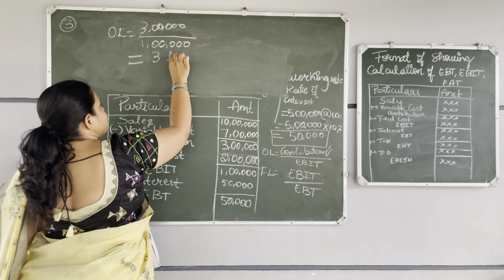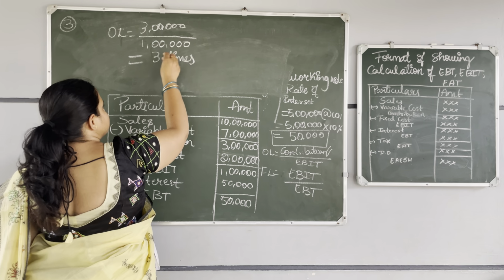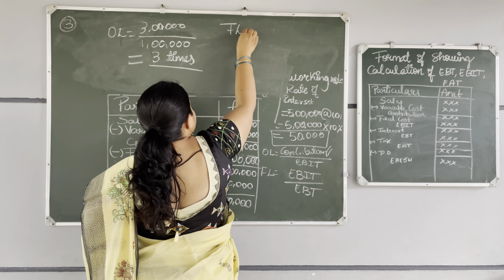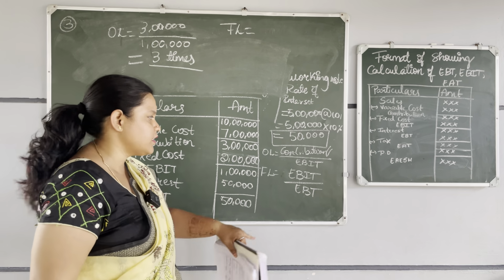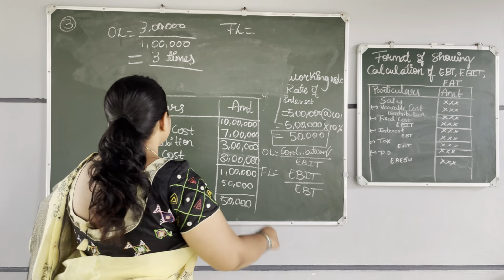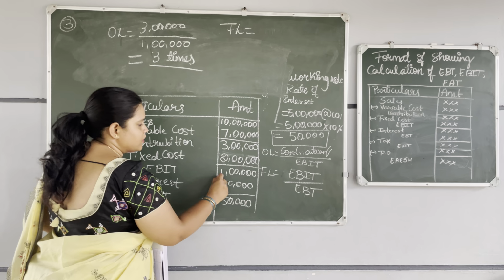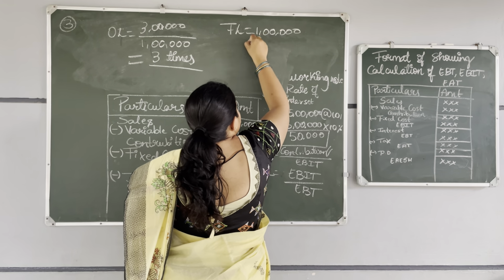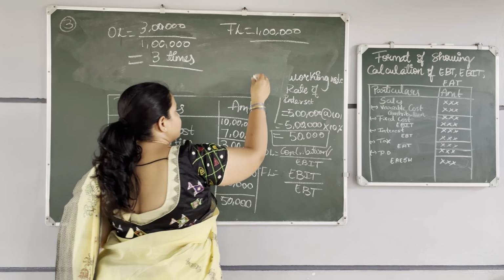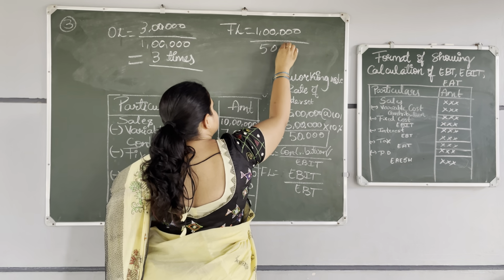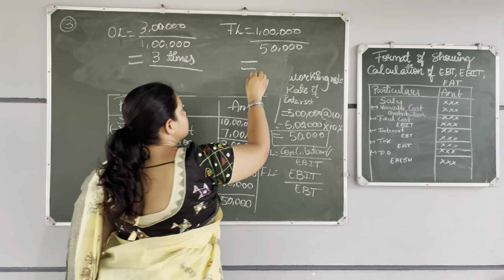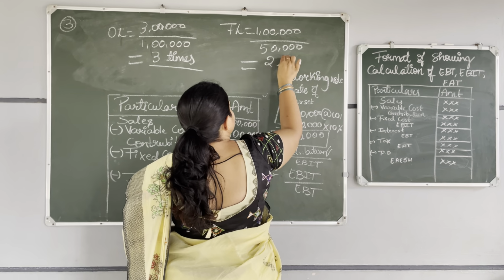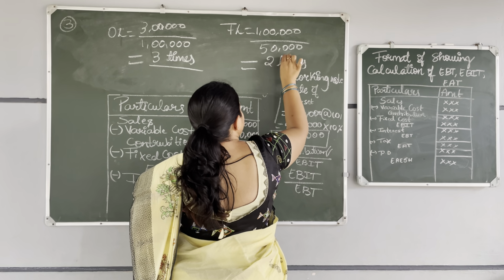So we write 3 times here. Operating leverages is 3 times. When we come to financial leverages, it is EBIT divided by EBT. Here EBIT amount is 1 lakh divided by EBT amount of 50,000. 1 lakh divided by 50,000, how much are we getting? 2. So here we write 2 times.